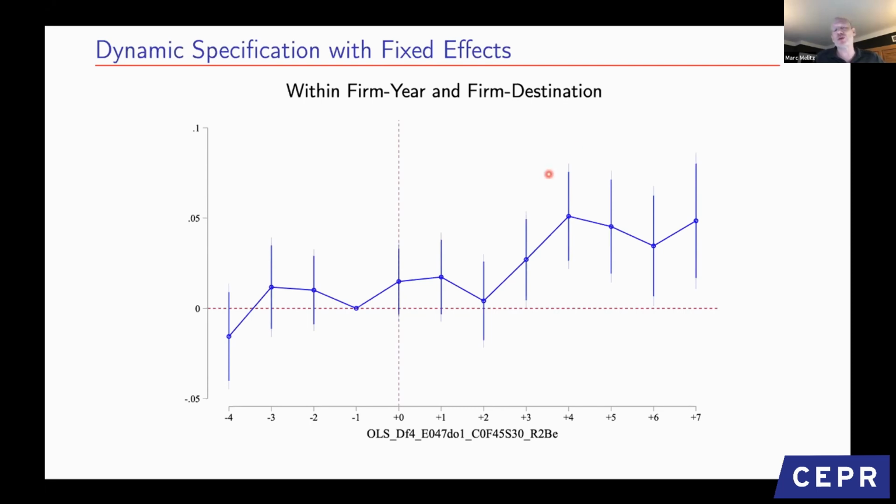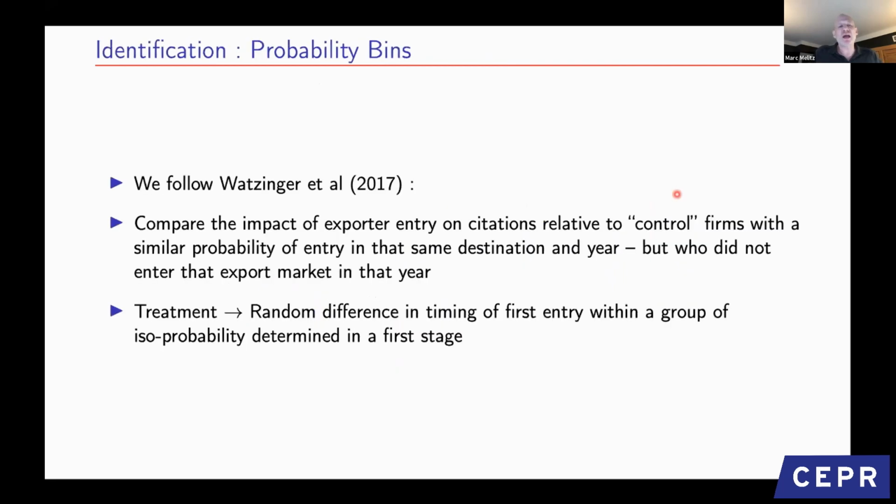But what we can do is try to control for that in a different way, by grouping firms together into probability bins, where these firms have a very similar probability of entering that particular destination market J in that year T. This is very similar to some of the other literature, for example, this paper I mentioned before that looked at the mobility of scientists and tried to see whether there were spillovers based on the movement of scientists, looking at the future research pattern.